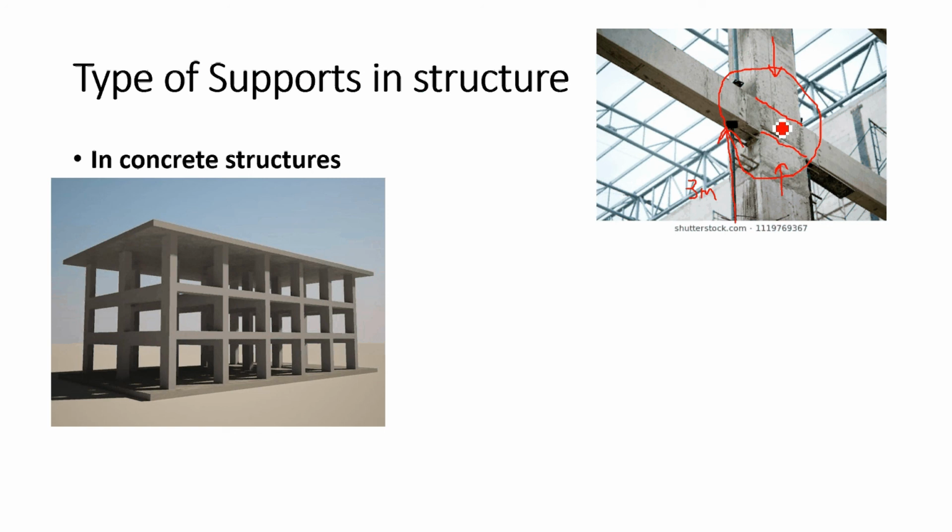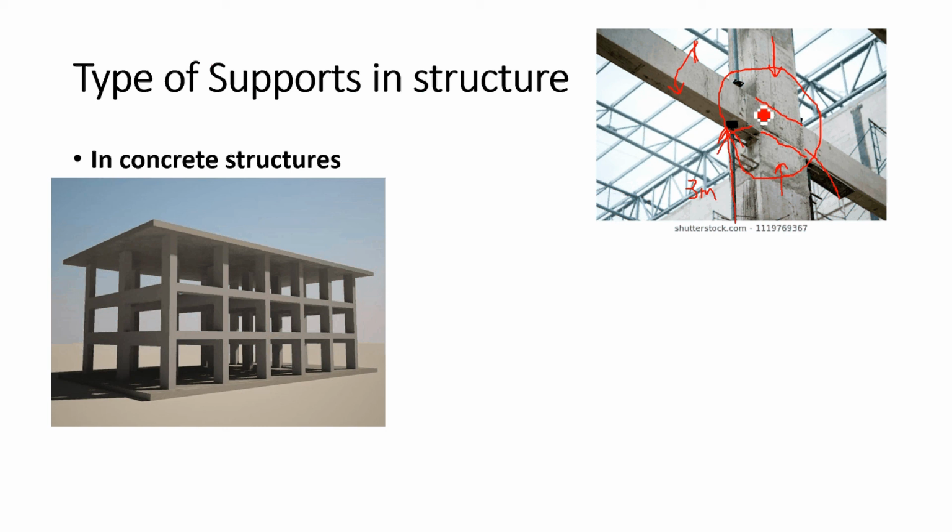But if you try to apply any rotation here, this part can be rotated. Small rotation, I am not talking about the big one. Whatever settlement and rotation we are talking about here is a very small amount, a millimeter or very small decimal point rotations.